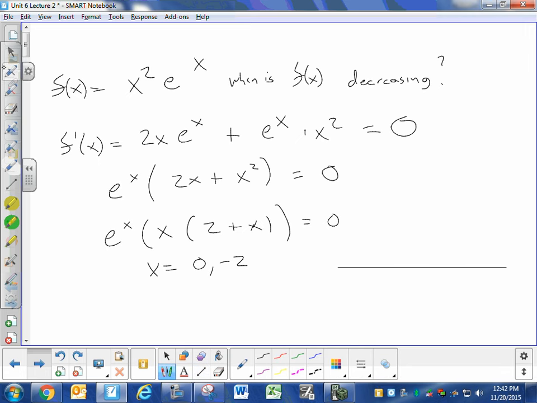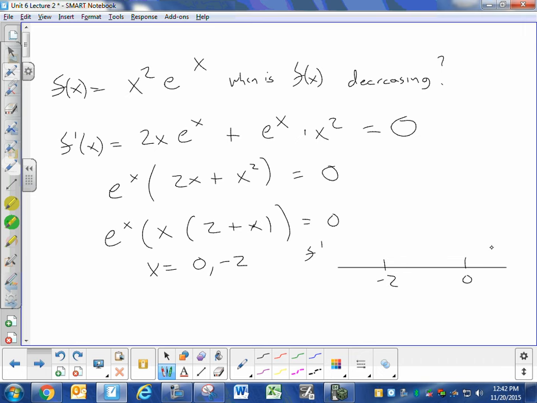That's when the derivative is equal to 0, but that's what you need to find to examine the signs of your derivative. The signs of your derivative will tell you if your original function is increasing or decreasing.